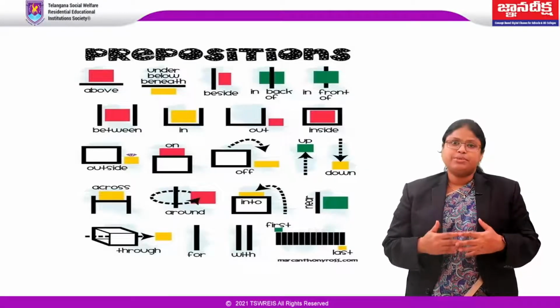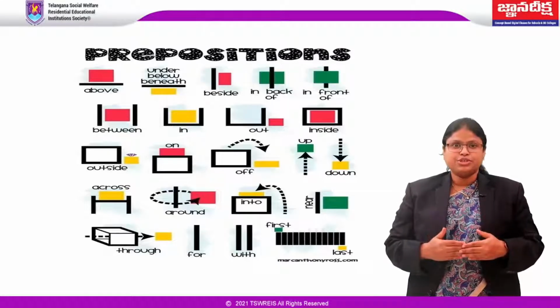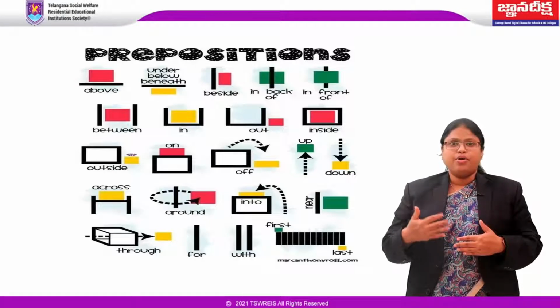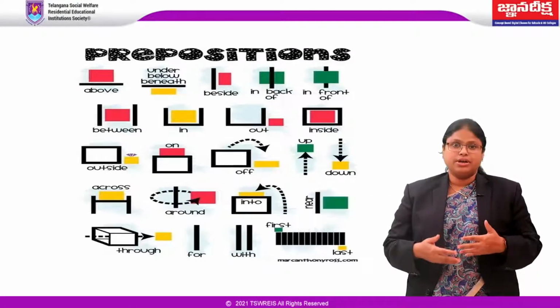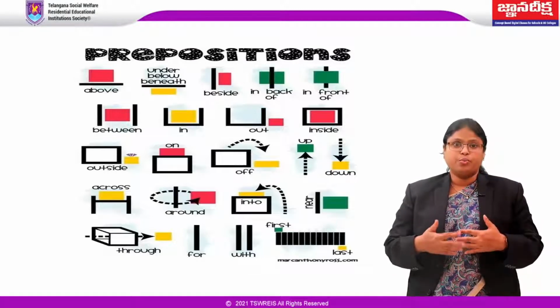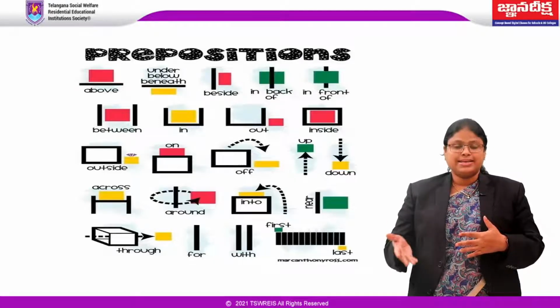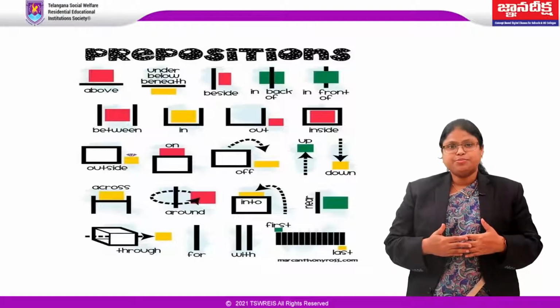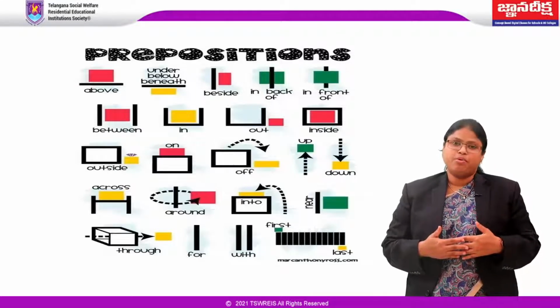Likewise, if you see the prepositions of the position of the other red, yellow, and green boxes in connection to the black lines or boxes, they are either beside, between, in, out, inside, outside, on, up, down, across, around, into, near, through, for, with, first or last. Now let us move further to know more about some important prepositions.